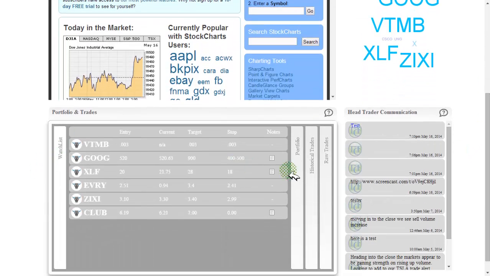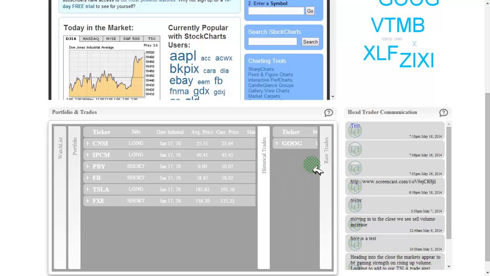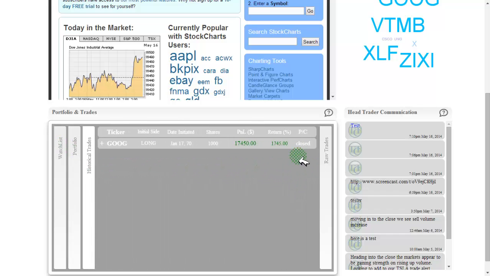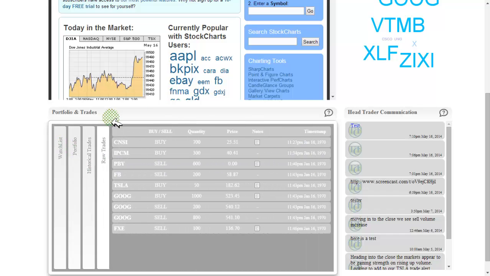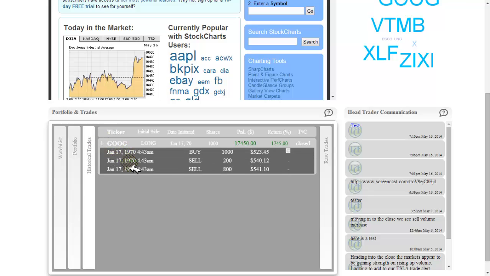Our watch list, our portfolio, and these are not our real portfolios, and this is really not our watch list. This is all test stuff. Our historical trades, raw trades, and what you'll be able to do is take a look at how we've been performing, and you'll be able to open up, see how we built a position, when we booked our profits, and what type of return we had.